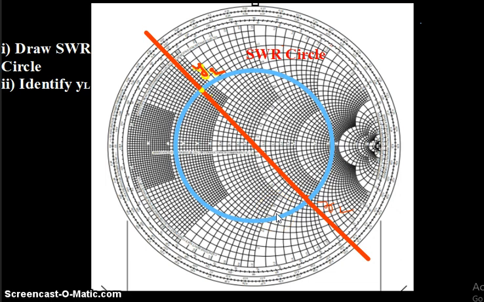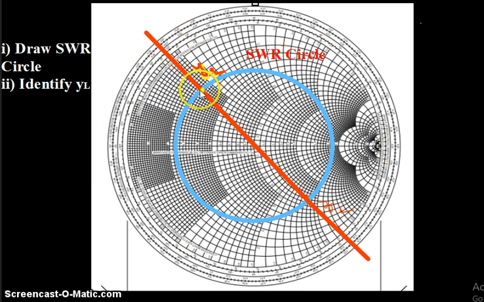Third point, identify yL. We draw a line that connects zL and the center, and extend the line opposite to zL so that it intersects our SWR circle at a particular point, and also extend the line after this intersecting point up to the outermost circle of the Smith chart.